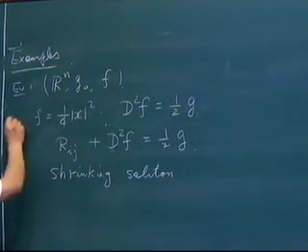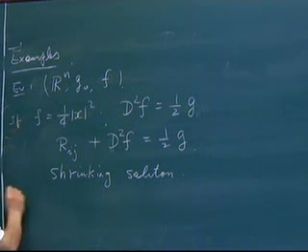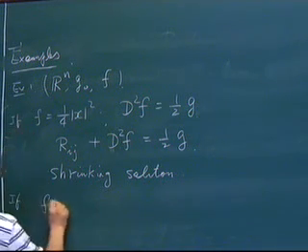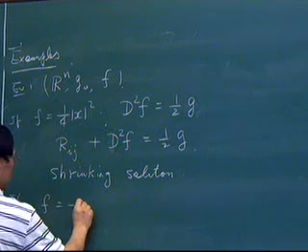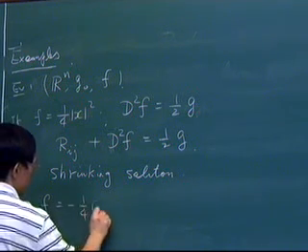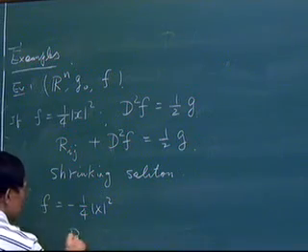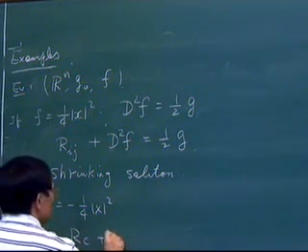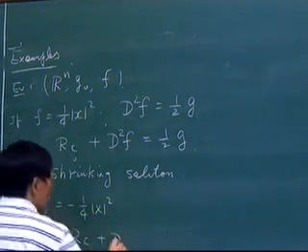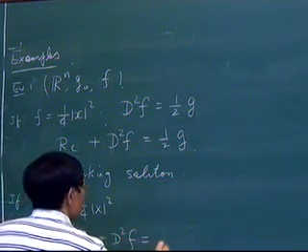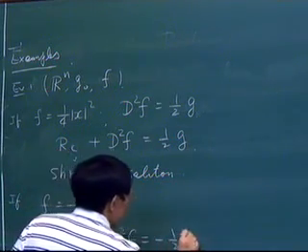So if you take minus, so you have Ricci plus d squared f equals to minus g.